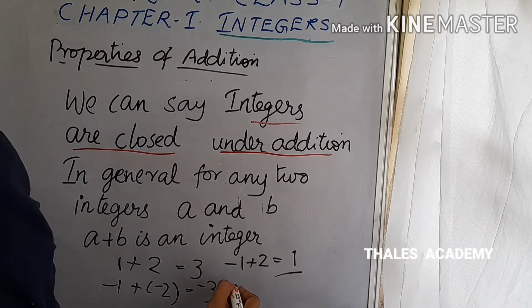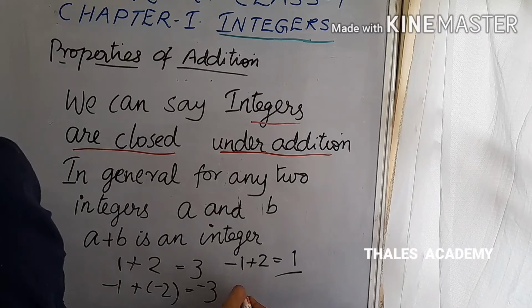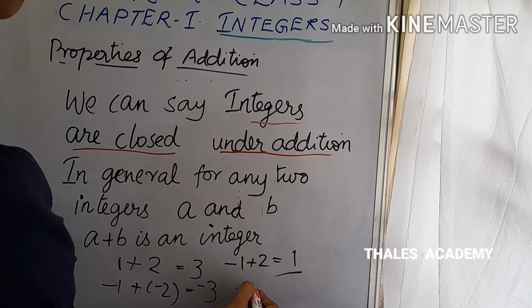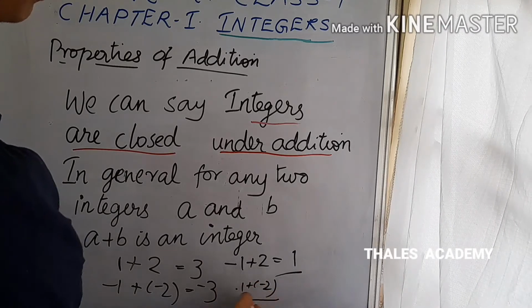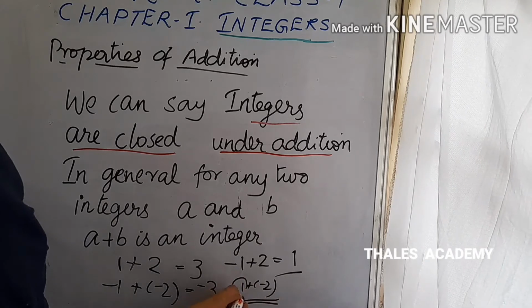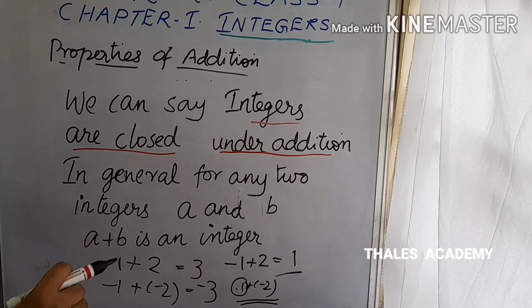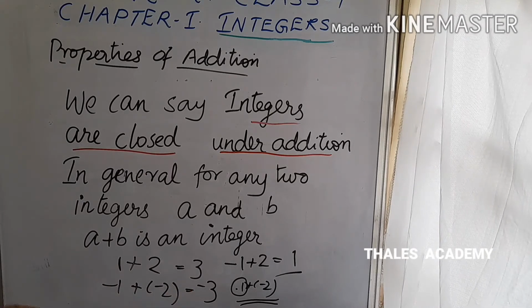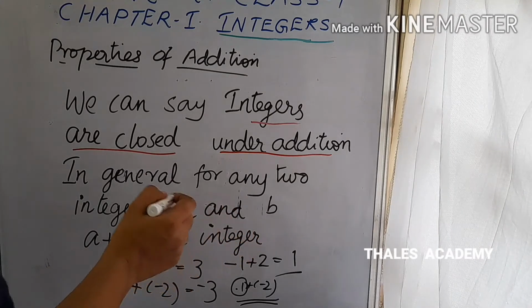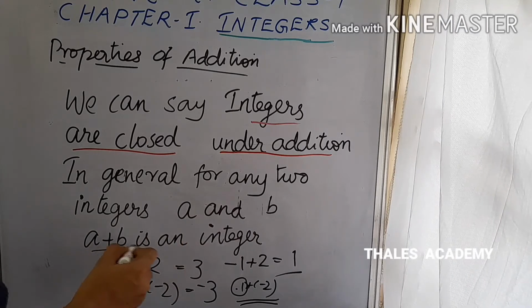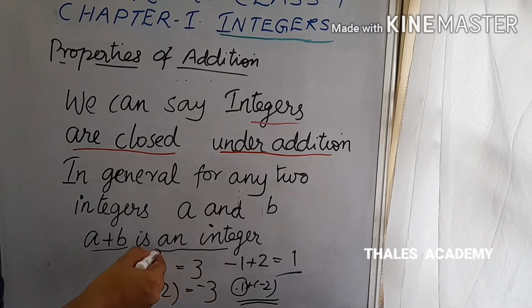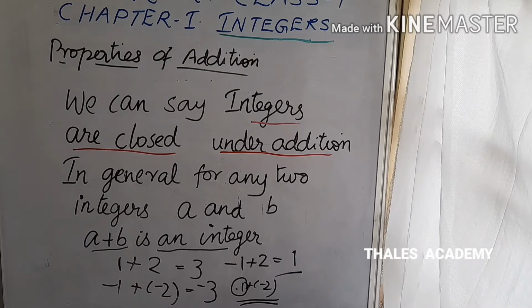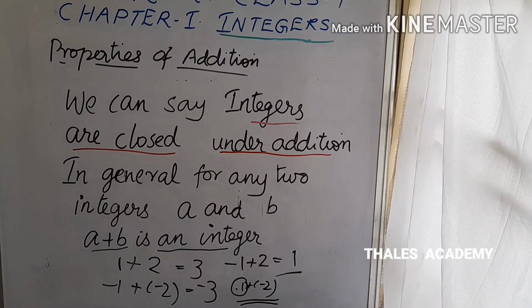Adding 0.1 plus minus 2 is not considered, as 0.1 is not an integer. Integers are whole numbers and their negatives. So, if a and b are two integers, a plus b is an integer. So, integers are closed under addition.